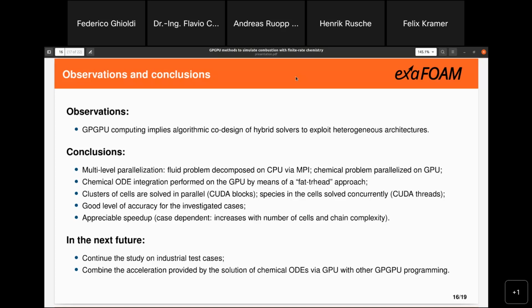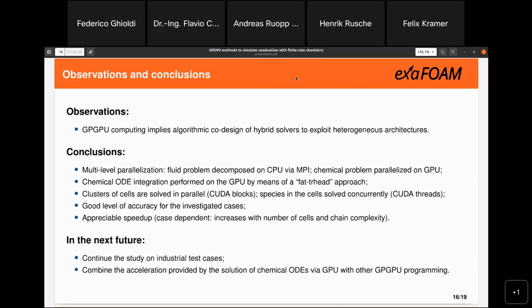Okay. Overall, what you have is a multi-level parallelization on different hardware, because you are decomposing via MPI on the CPU, and then you are also exploiting the architecture of the GPU for a double decomposition on the GPU. And as I said, it's a fat thread approach. I've already explained to you what it means in terms of memory management and ordering of the data.